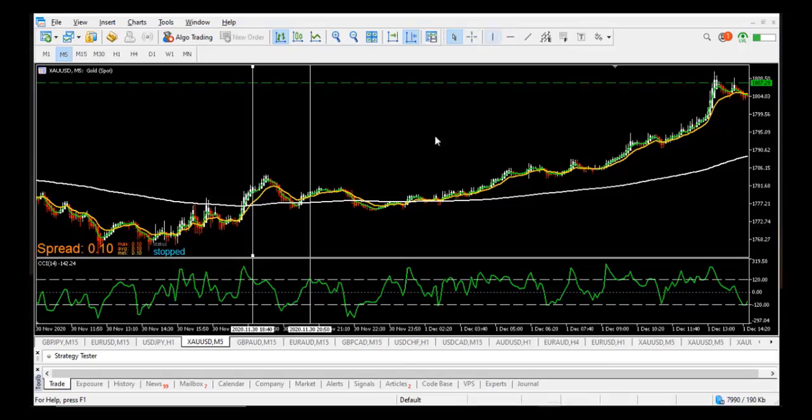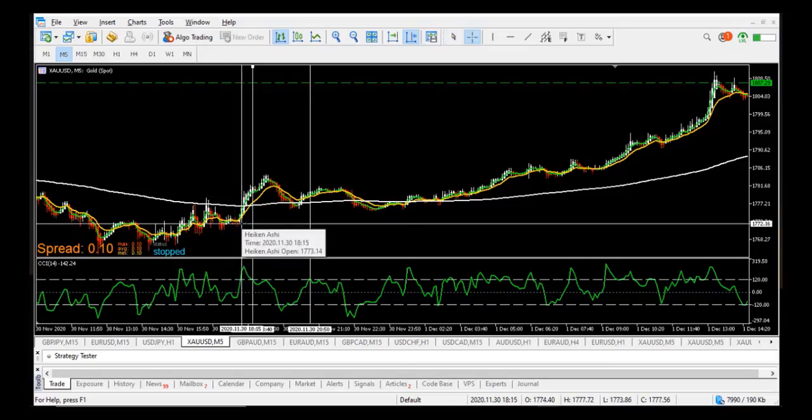And secondly, you want to look down to ensure that the CCI is above the 120 level. At this position, you'll notice the CCI is already below the 120. So this trade setup for buy is not fully complete.